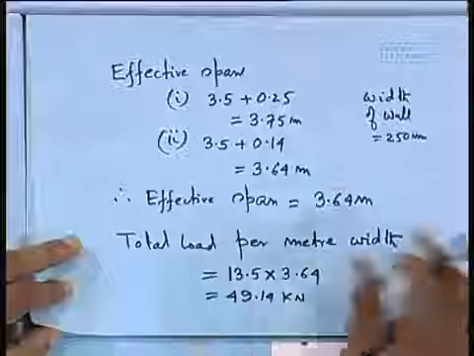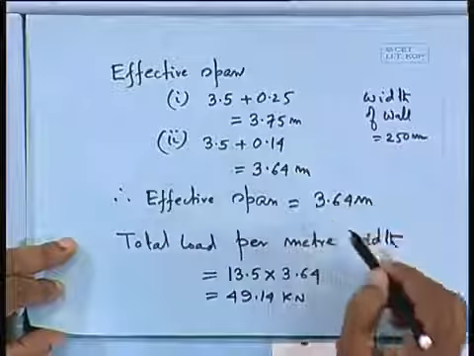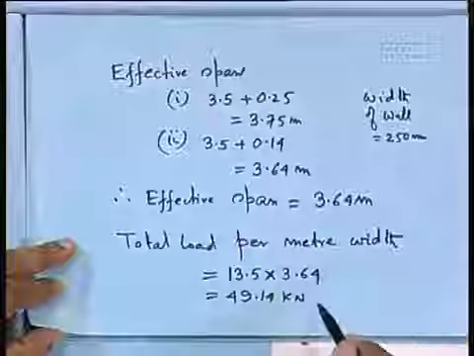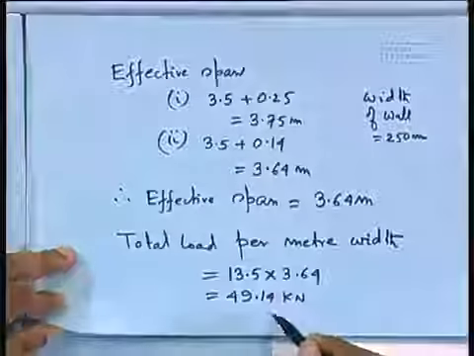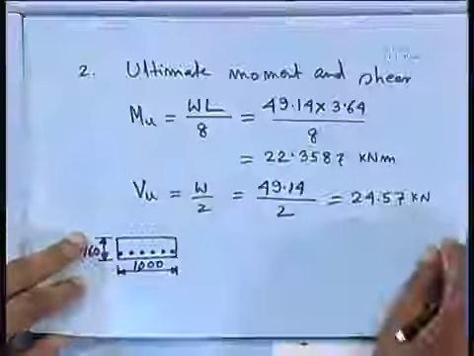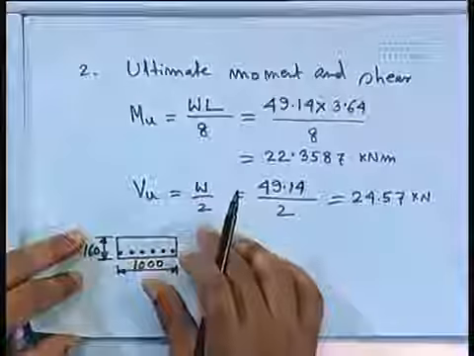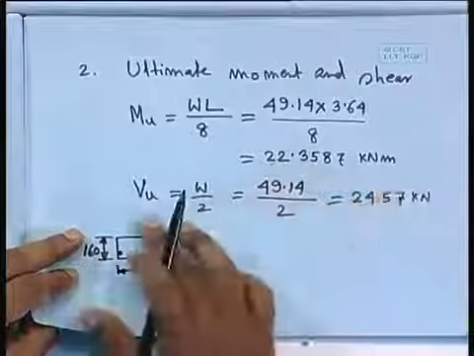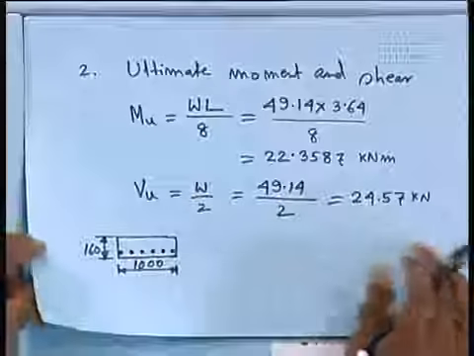We calculated the effective span, taking the lesser of the two, which is 3.64 meter, and the total load per meter width of the slab is 49.14 kilonewton. Finally, we get the ultimate moment and shear for design: Mu equal to 22.3587 and Vu, the shear force, 24.57.